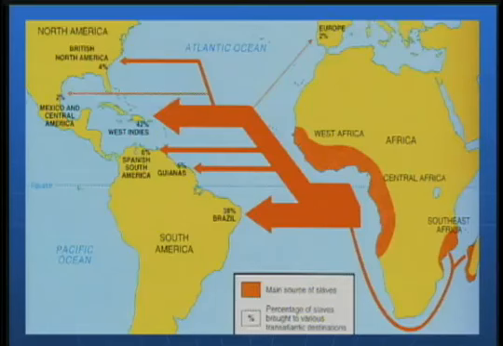Notice where they are going. Notice the size of the arrows. As you can see, the vast numbers of Africans that were forcibly brought to Brazil, to the Spanish Americas, to the West Indies, and even to British North America, absolutely staggering.